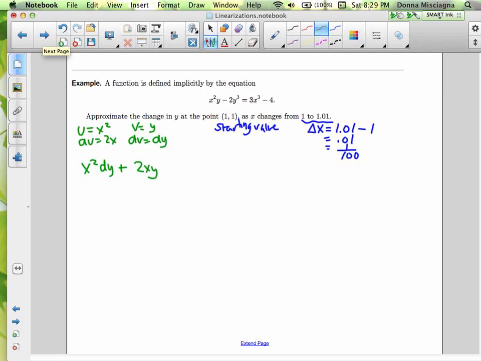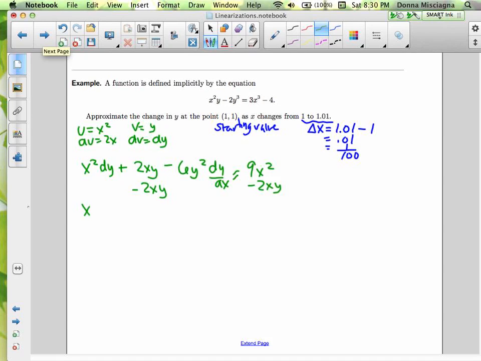2xy. And then minus the derivative of 2y cubed, which would be 6y squared dy dx, equals the derivative of 3x cubed, which would be 9x squared, and the derivative of the negative 4 is 0. We need everything with dy dx on one side, and everything else without dy dx on the other. It makes sense to move the 2xy.